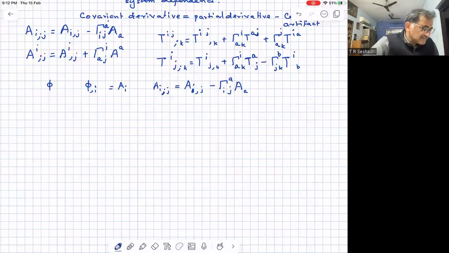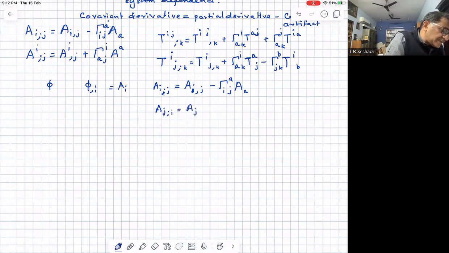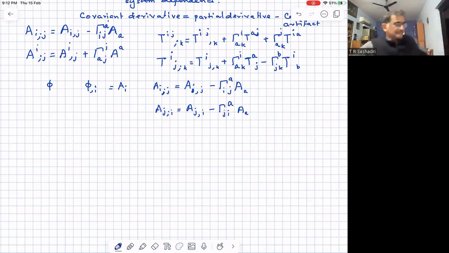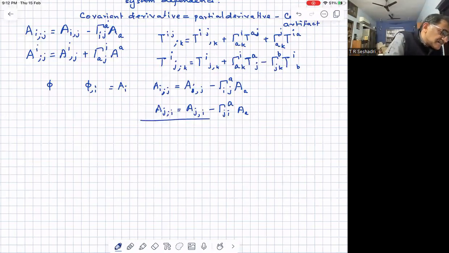Now I will rewrite this equation in this way: A_{j;i} = A_{j,i} − Γ A_{ji}. Now it will be ji. And now I will subtract these two.